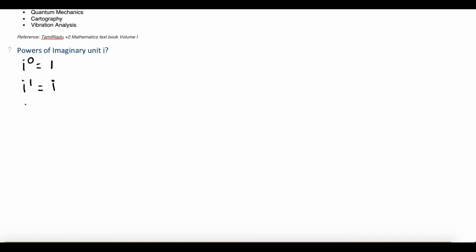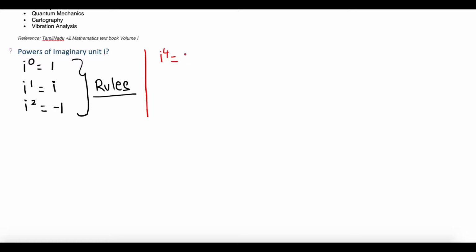Now moving on, let us look into i square, that is i to the power 2, which is nothing but minus 1. These are the three rules that you have to remember in complex numbers for calculating the imaginary unit. Okay. Now let us work out the value of i power 4. So i to the power 4 is equal to, how can I write it?